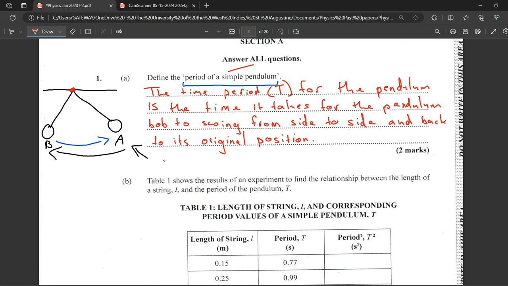The unit for period, which is T, is seconds. Period is measured in seconds because it's a measure of time.